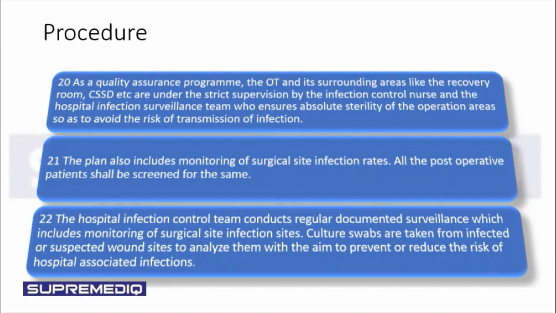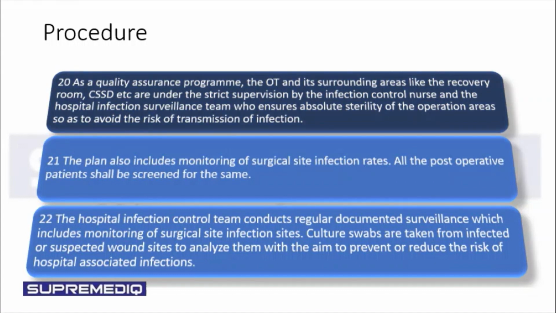As a quality assurance program, the OT and its surrounding areas like the recovery room, CSSD, etc. are under the strict supervision of the infection control nurse and the hospital infection surveillance team, who ensure absolute sterility of the operation areas so as to avoid the risk of transmission of infection. The plan also includes monitoring of surgical site infection rates. All the post-operative patients shall be screened for the same.